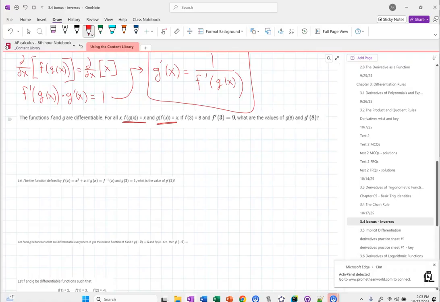Okay. So it says if f of 3 is equal to 8 and f prime of 3 is equal to 9, what are the values of g of 8 and g prime of 8? So what does f of 3 equal to 8 also give me, since I'm dealing with inverses? g of 8 is equal to 3.